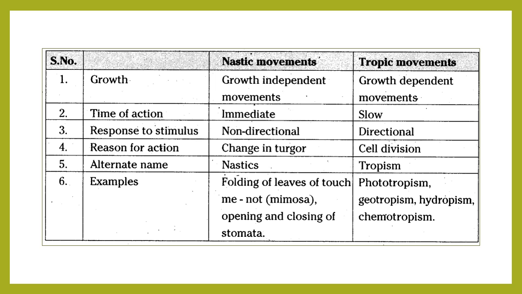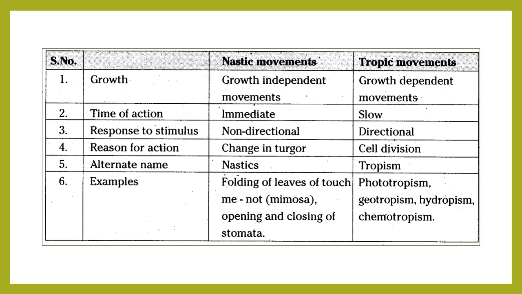Nastic movement is a very immediate action. As I already told, the mimosa, the touch me not plant, if you touch, the response is immediate. The plants which can eat insects, the Venus flytrap you heard about, respond immediately whenever the insect comes.